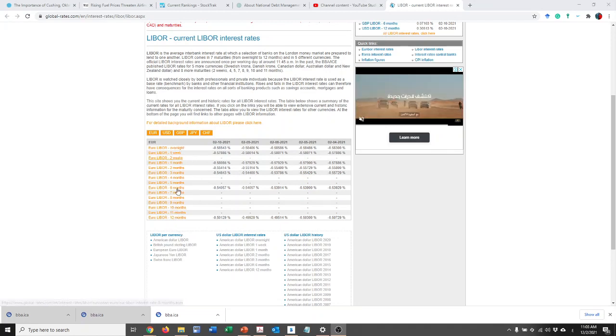As I said, the LIBOR was available for 10 currencies and 15 maturities, and because the amount of data on all these currencies and maturities was not easy to monitor, there has been pressure by regulators to reduce the number of currencies on which a LIBOR is issued and the range of maturities. So let's look at the US LIBOR.